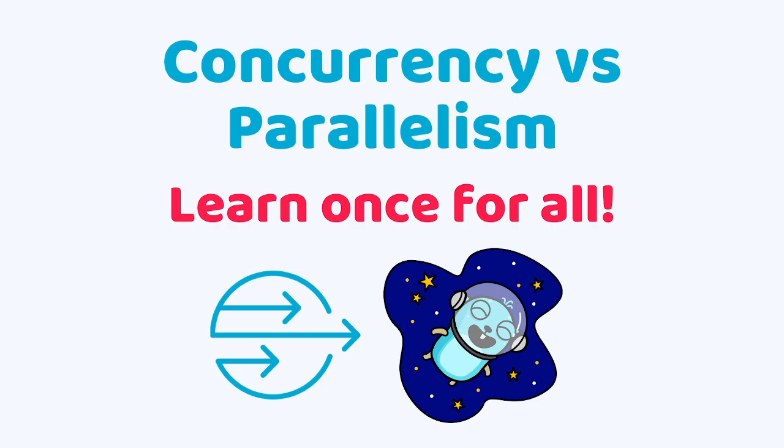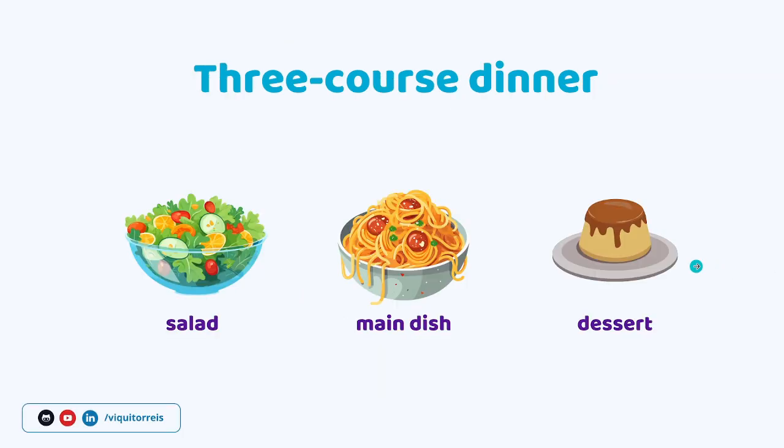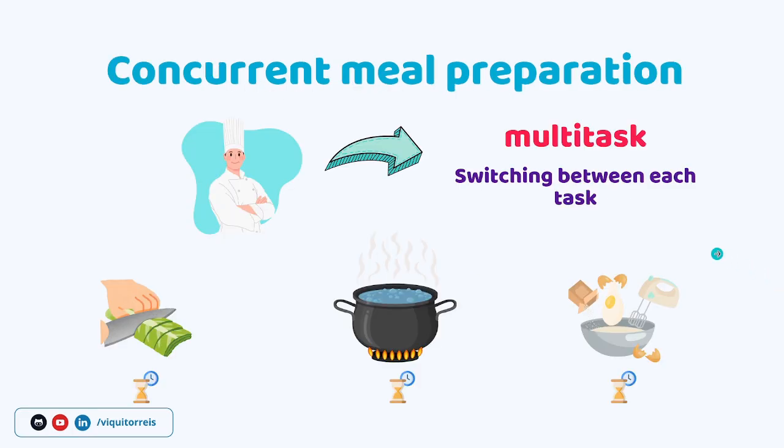So let's think about cooking a meal. Imagine you are making a three-course dinner: a salad, a main dish, and a dessert. If you are making your meal concurrently, it's like prepping the ingredients for all three courses at the same time.